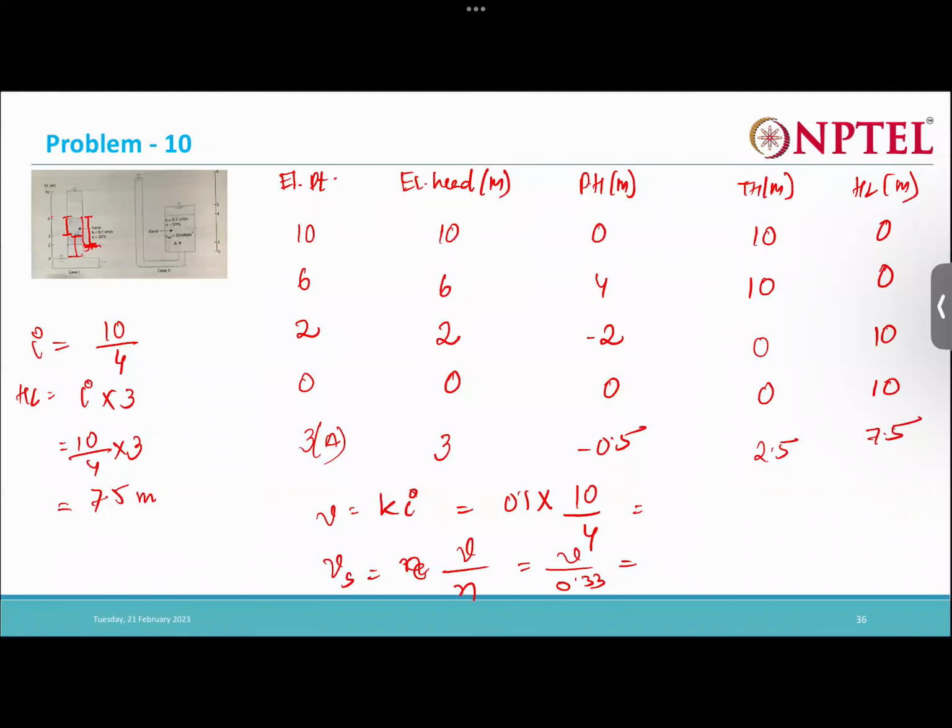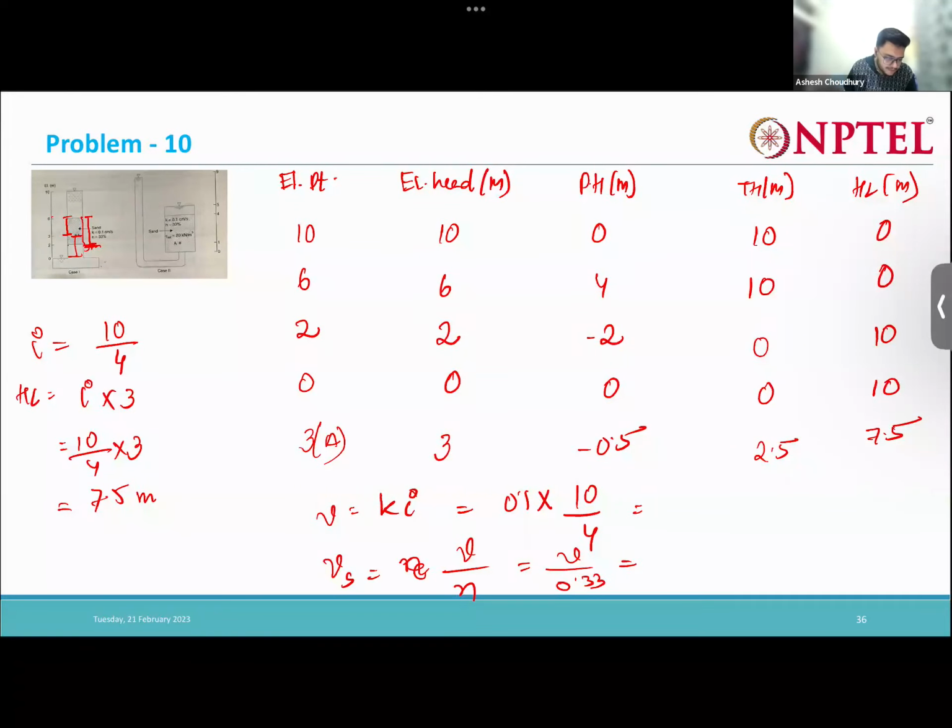So my superficial velocity will be 0.25 centimeter per second, and seepage velocity will be 0.25 divided by 0.33, 0.7575 centimeter per second.